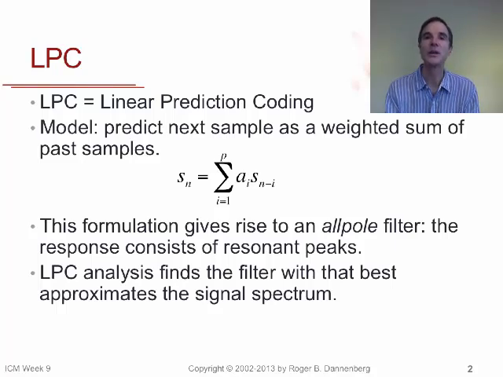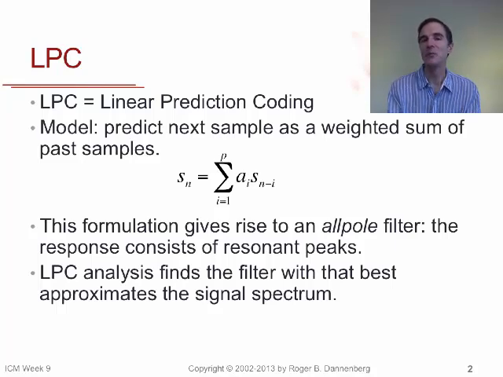Well, that's what we're doing. We're analyzing the signal to determine what those formants are. So LPC analysis finds a filter characterized by these coefficients A sub I, the filter that best approximates the signal spectrum.